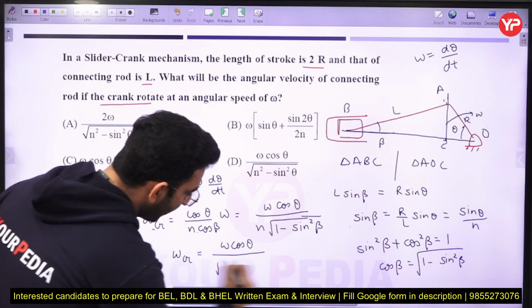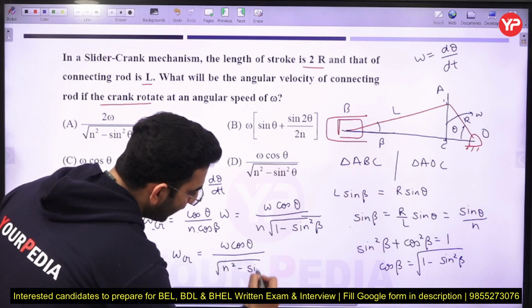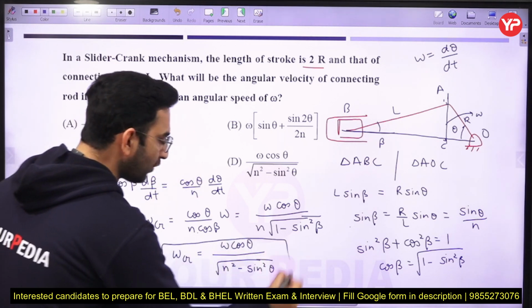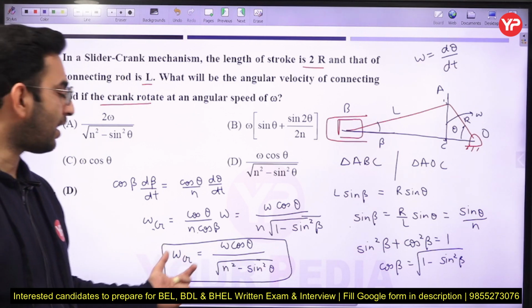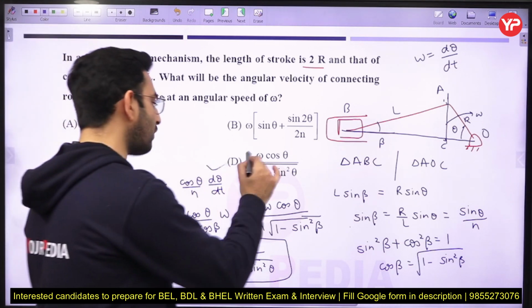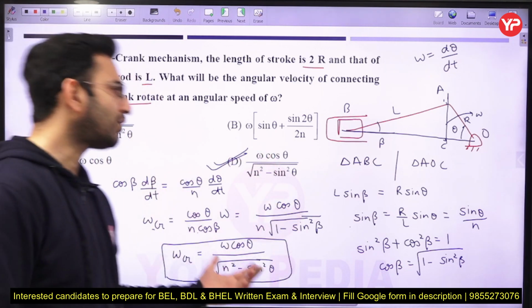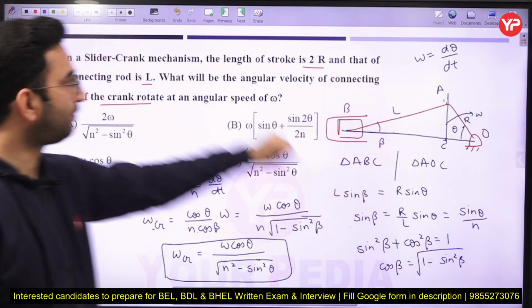This will come out as n square minus sin square theta. That is the final expression of the angular velocity of the connecting rod: omega cos theta under root of n square minus sin square theta. So option D is the correct answer for this part. That's a very simple question actually. You just have to have a basic understanding of how to proceed.